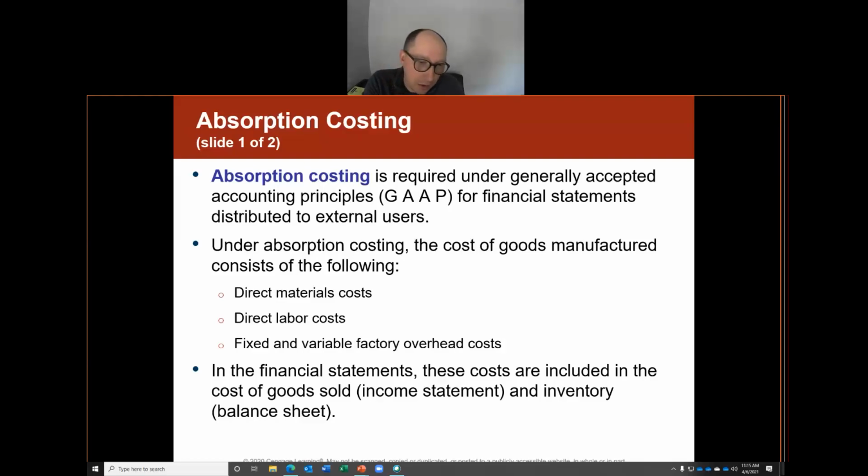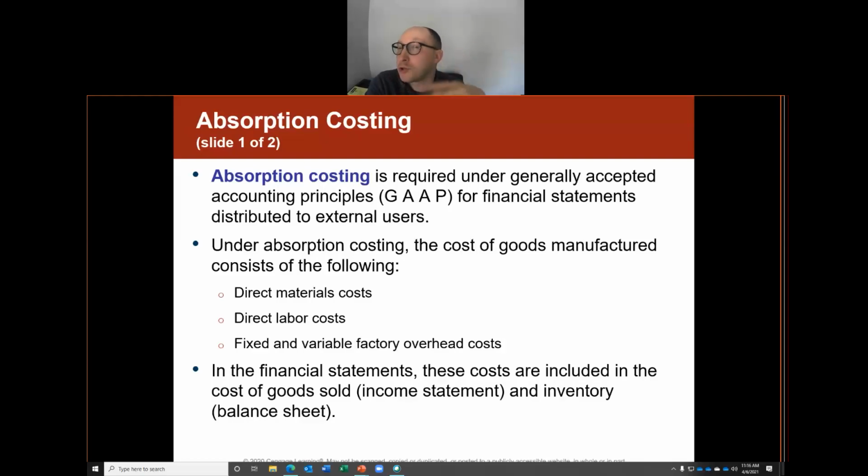Absorption costing, think of a sponge, okay? A sponge. You know, one of the sponges in the kitchen. It absorbs water. A sponge and absorption costing are the same thing. The difference is this absorption costing absorbs all the cost associated with manufacturing.